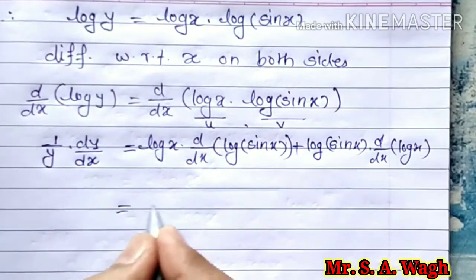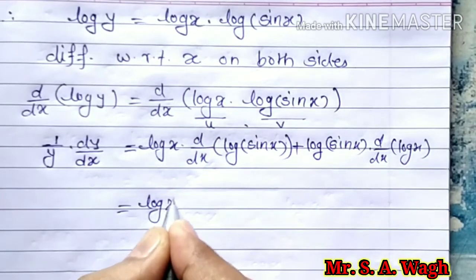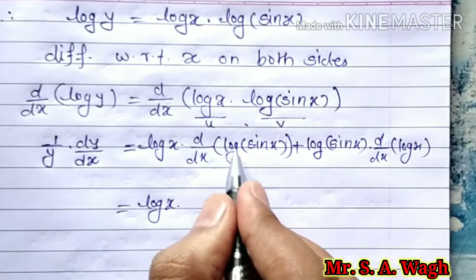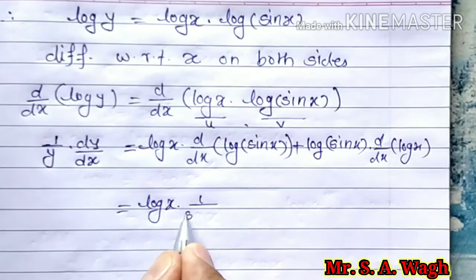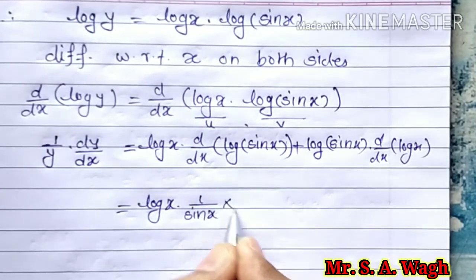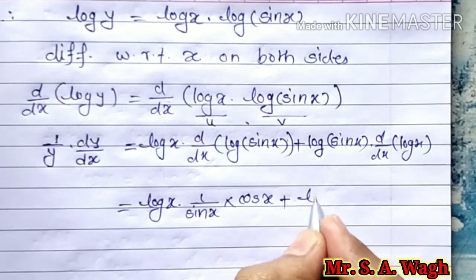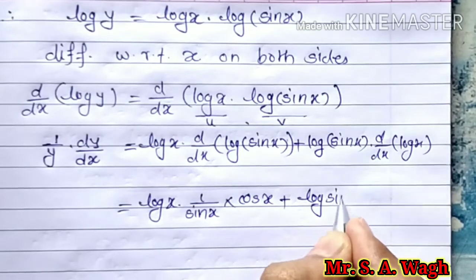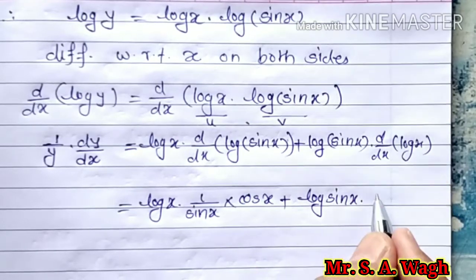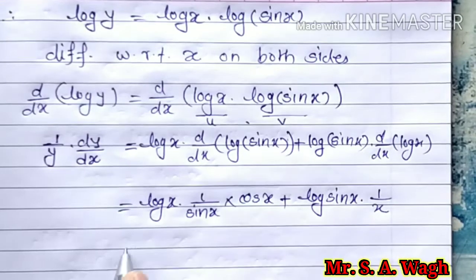So what will be the derivative of log of sin x? Again we can apply the chain rule here. The derivative of log is 1 by, so it is 1 upon sin x into the derivative of sin, that is cos x, plus log of sin x into the derivative of log x, which is 1 by x. So what we can write, this is log of x.